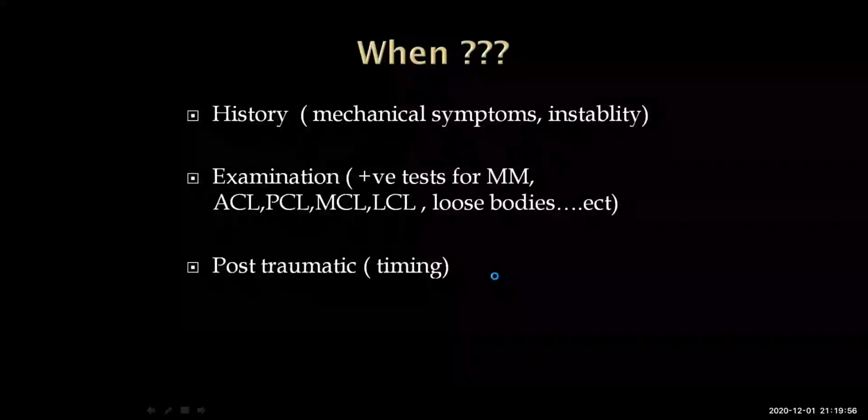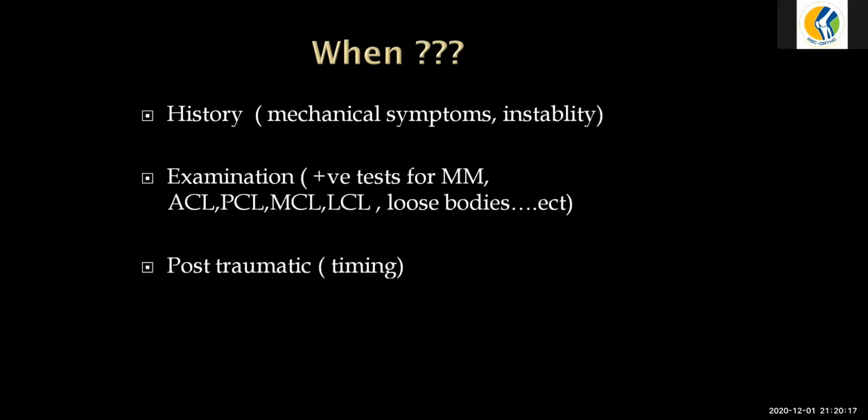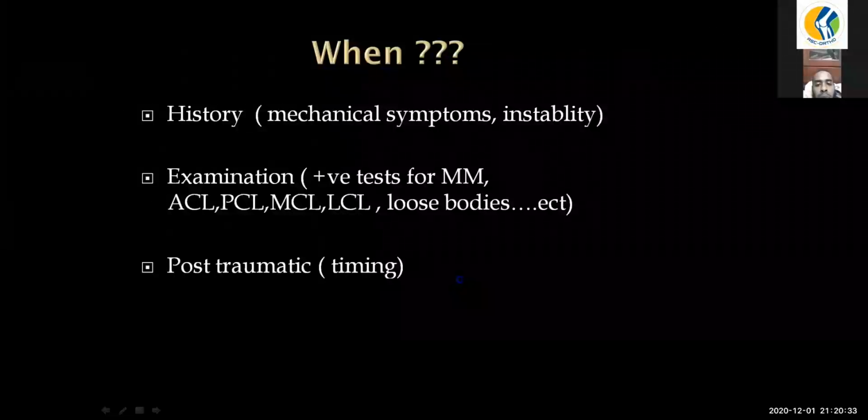So let us start with when. Definitely, if you have a case, you start with the history, and the most important red flags or landmarks that click a bell to request an MRI are, first, if your patient complains of mechanical symptoms, such as locking, or I can feel a loose body in my knee, or the patient feeling a click or a sound.